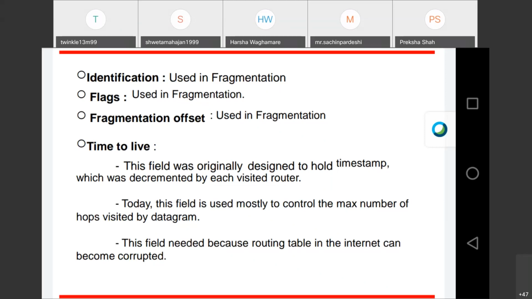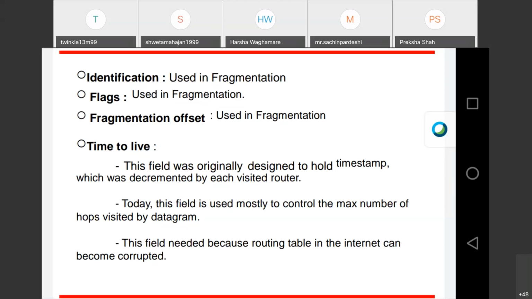What will happen? Your datagram keeps moving between two routers only, and the destination computer is waiting for the datagram, right? So you have to decide when the datagram will be discarded and the source informed. The datagram is discarded because the routing table is corrupted, so that the source will send a packet along another path. Otherwise the same will happen: the source will again send to the router whose routing table is corrupted, and the packet will move between the two routers only.